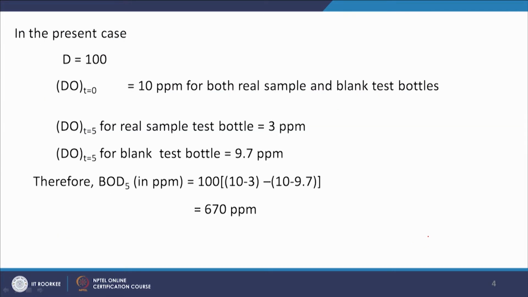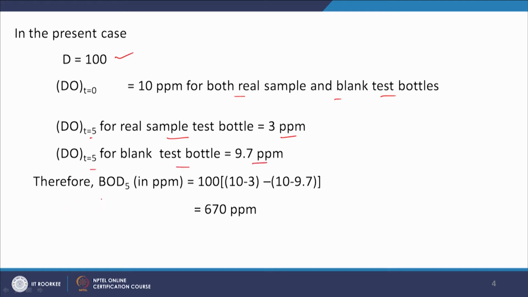So, D is equal to 100 and DO at T equal to 0 for sample, that is equal to 10 ppm, and it is given, this is for both real sample and the blank test bottles, and then DO at T equal to 5 for real sample test is also given, that is equal to 3 ppm, and DO at T equal to 5 for blank test is 9.7.